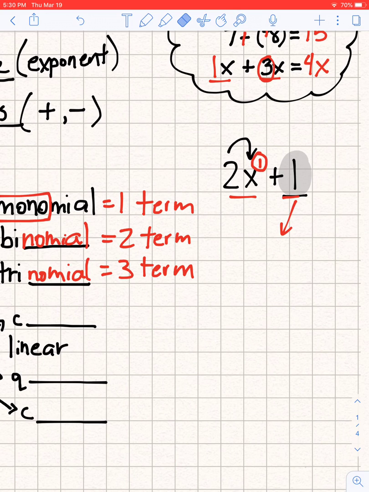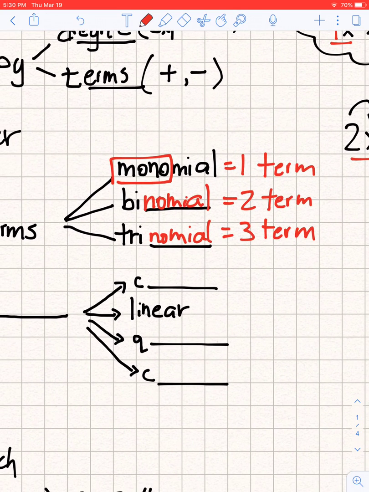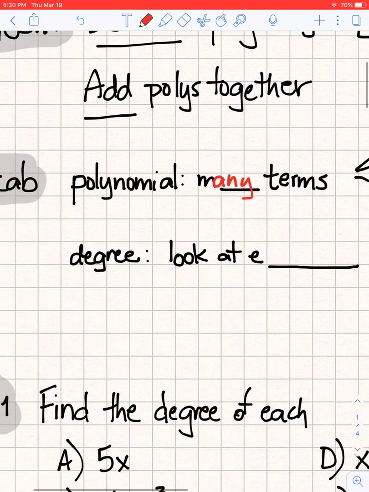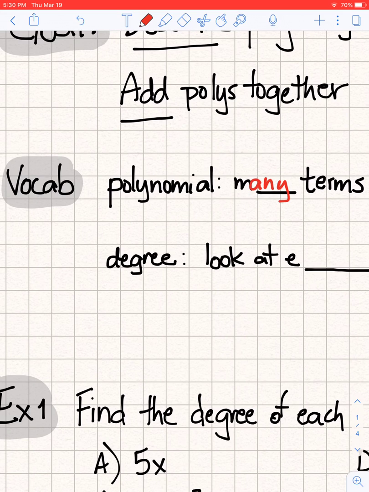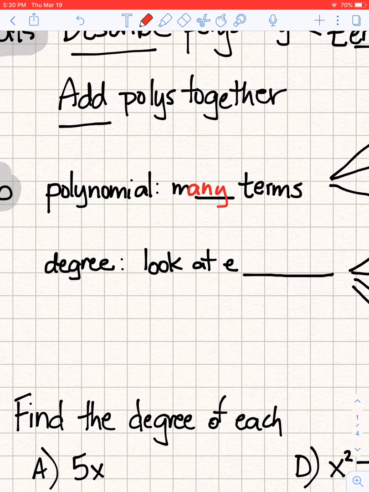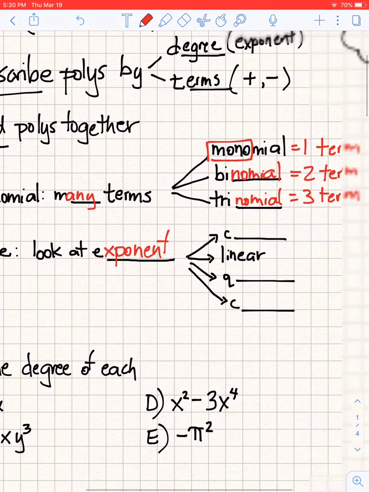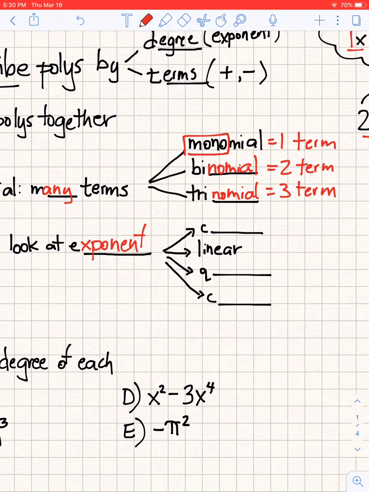Okay. So again, that's looking at a polynomial by its term. If you look at a polynomial by its degree, then we look at what's called the exponent. And if the exponent is 0, then we call that a constant term.